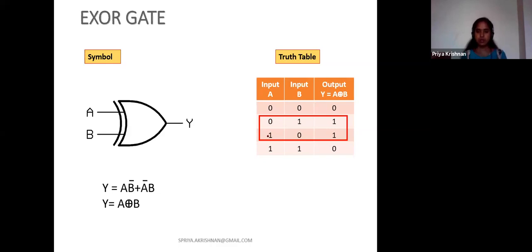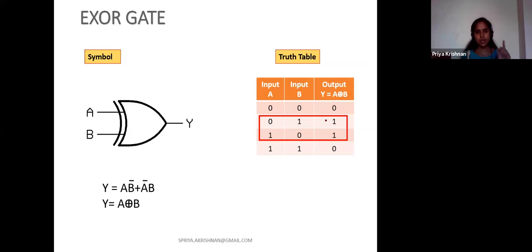How will the XOR behave? When any one of my inputs is 1, in this case B is 1, in this case A is 1, I should give 1 in the output.